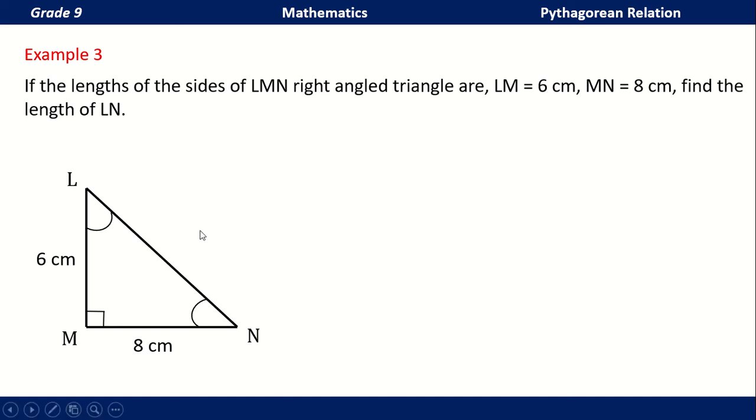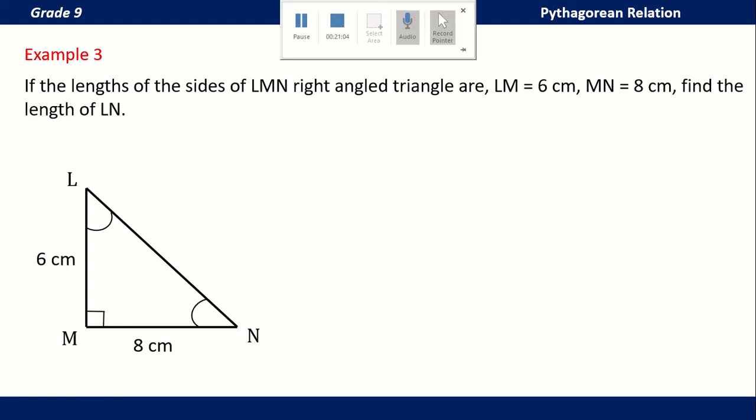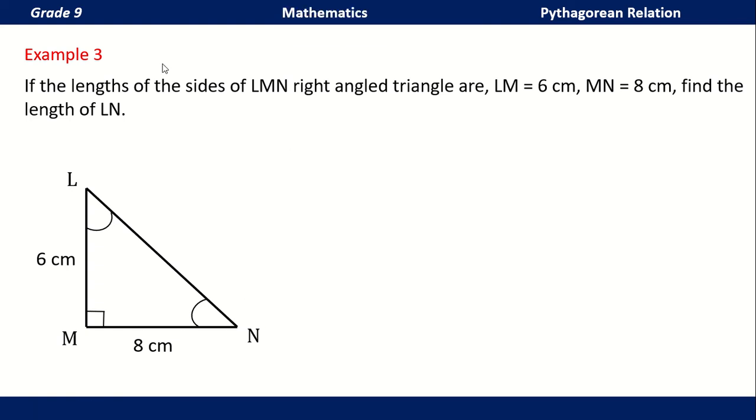Alright, you are asked to find the length of this side LN. So you have to do the same thing, since it is a right angle triangle, you can write the Pythagorean relationship as here.